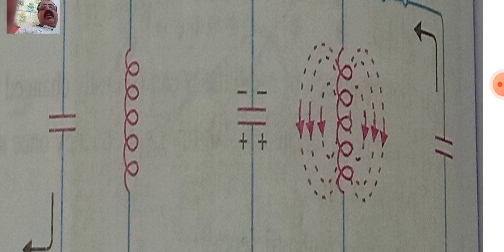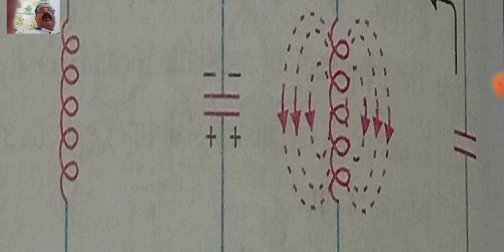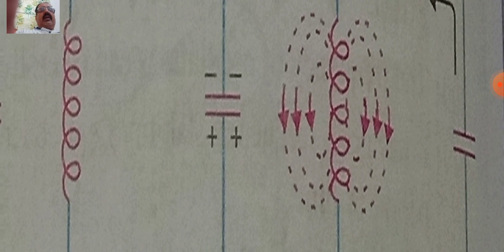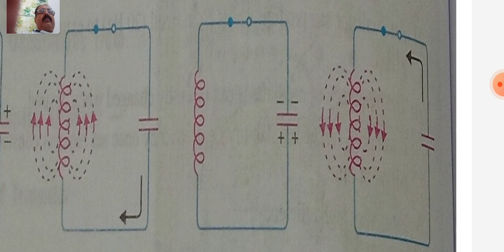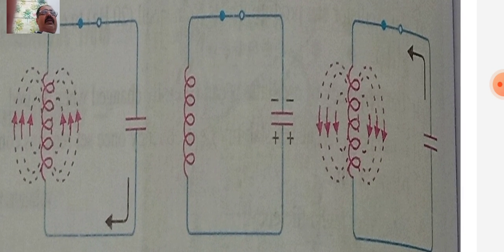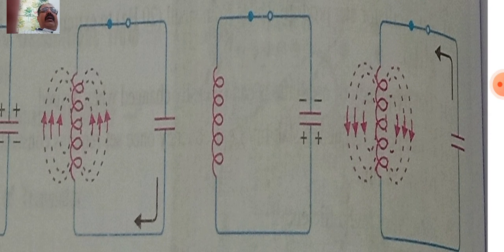The energy is alternately stored in the electric field of capacitor C and the magnetic field of the inductance coil L. This interchange of energy between L and C is repeated over and over again, resulting in the production of oscillations.